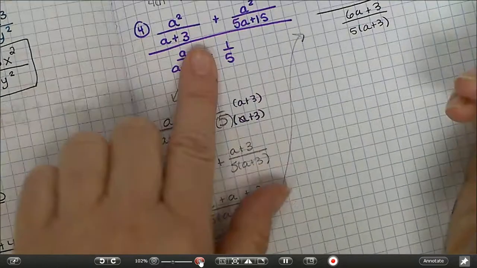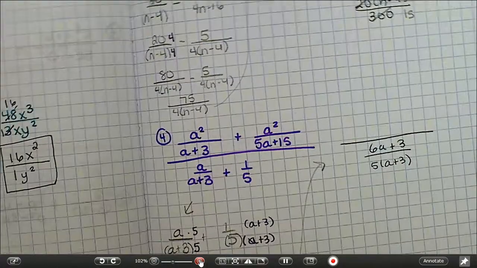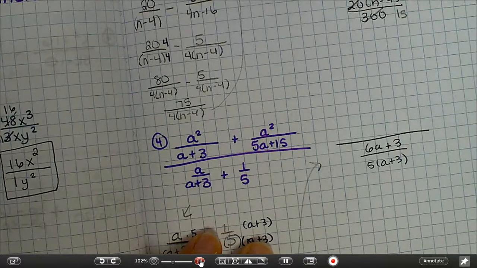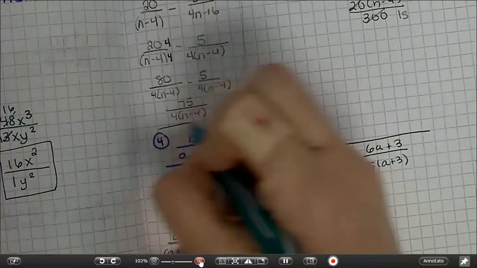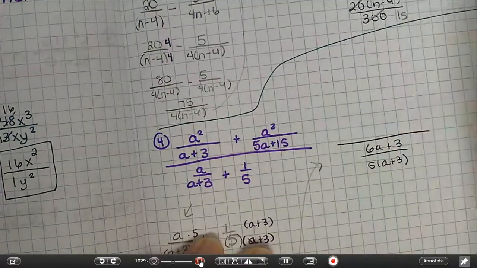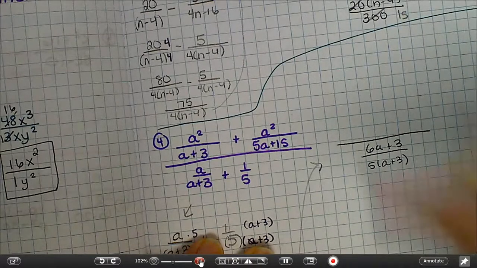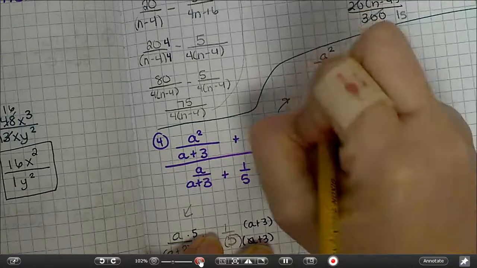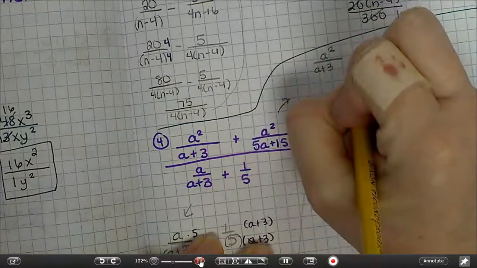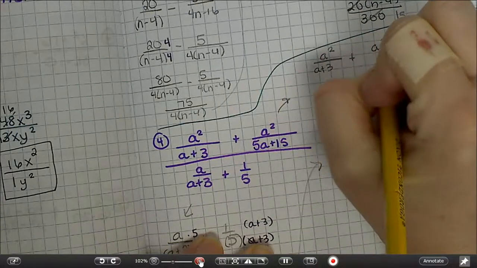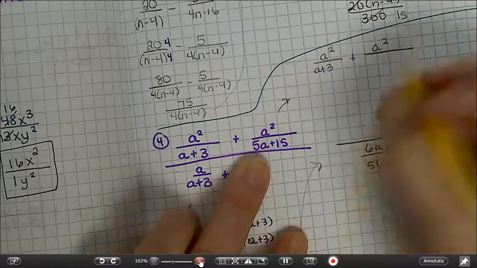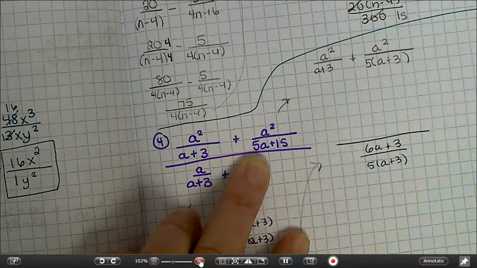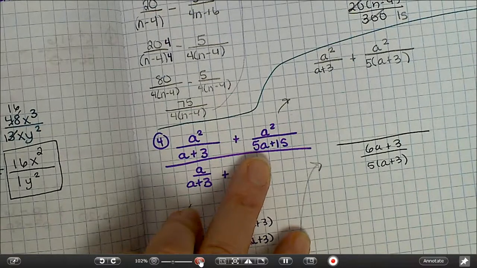Now we're going to do the numerator. I'm going to do the numerator up here. So a squared over a plus 3 plus a squared over, and I'm actually going to go ahead and factor this by taking the 5 like that, just so I'm completing one step as I rewrite.